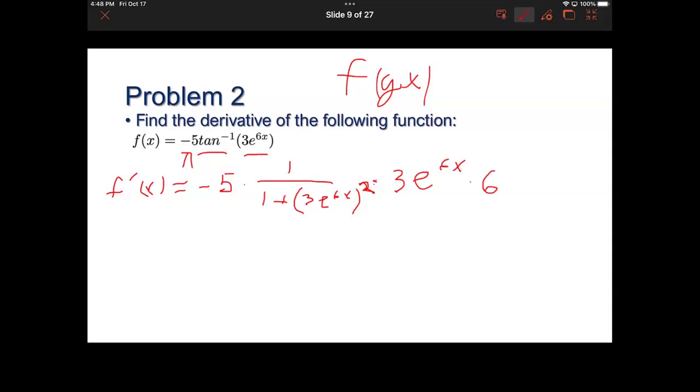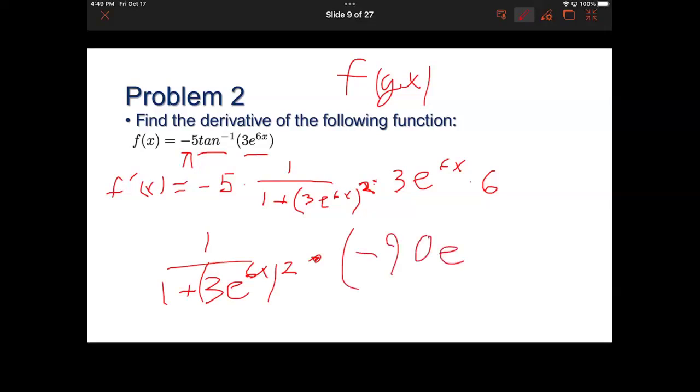Multiply by 6. So we are left with 1 over 1 plus 3e to the 6x quantity squared, times 18 times -5, which is -90, times e to the 6x.